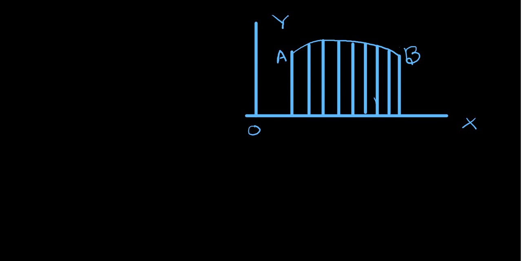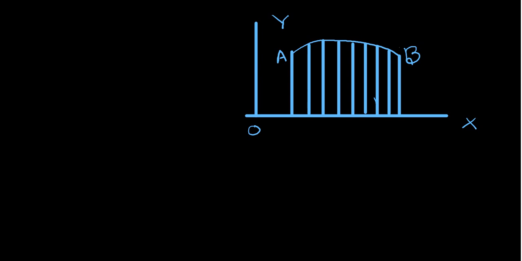So let us start. As you can see in the above diagram, AB is the curve for which we have to find the area. We have drawn so many parallel lines, which are almost in the form of rectangles.